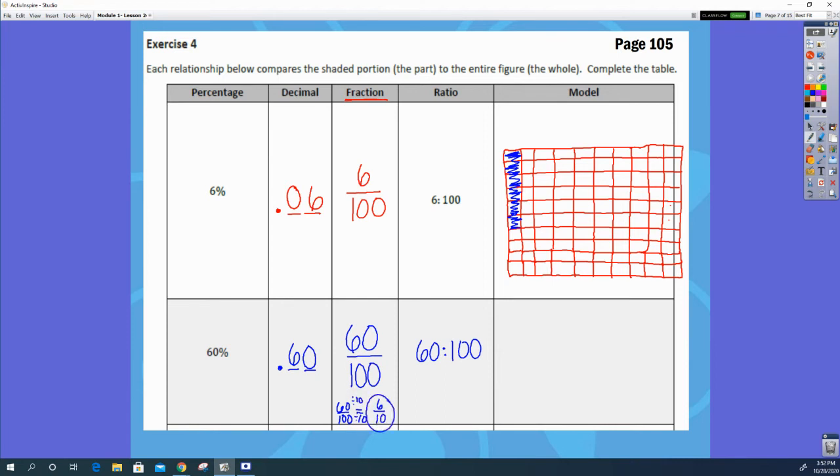So I can technically draw a column or a row that's made up of 10. Okay, and I can shade in 6 of those. That would still be equivalent to 60 out of 100.